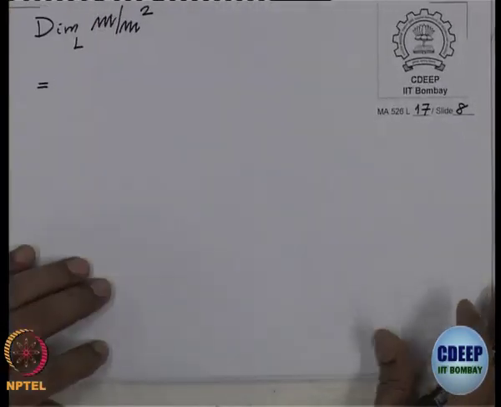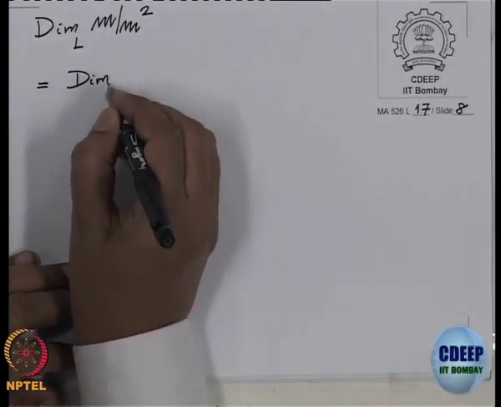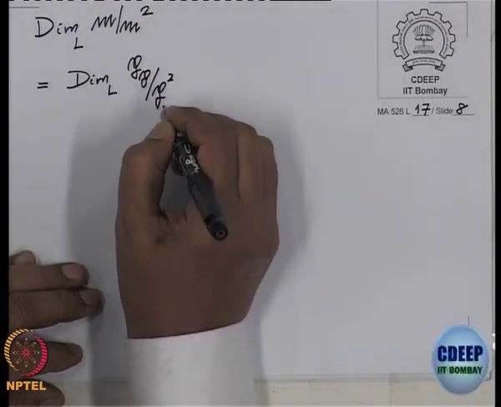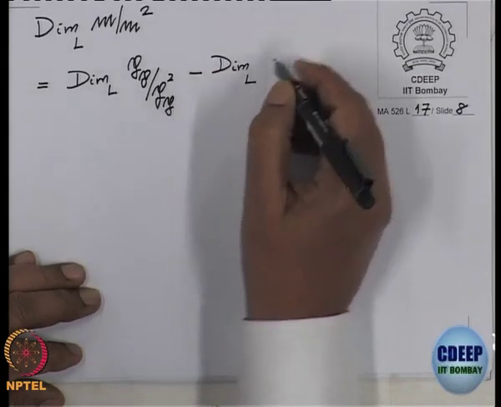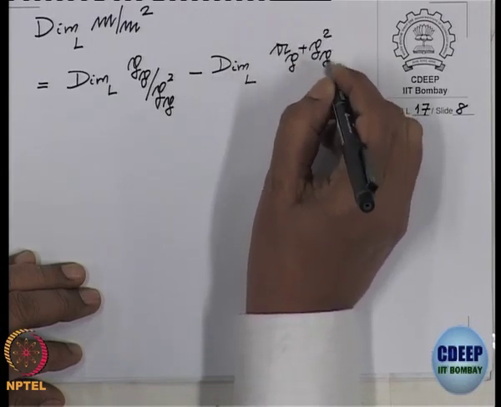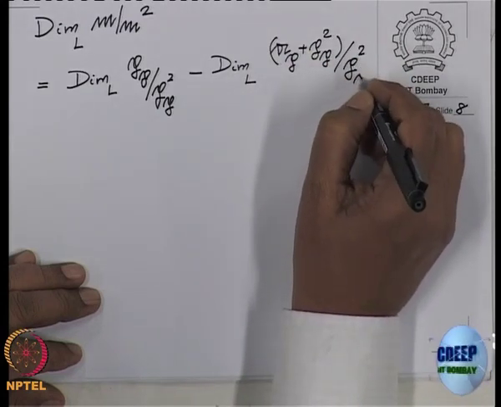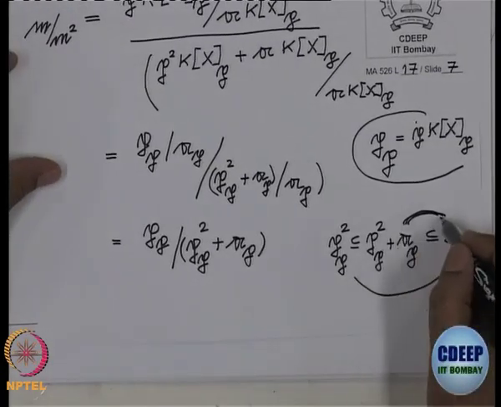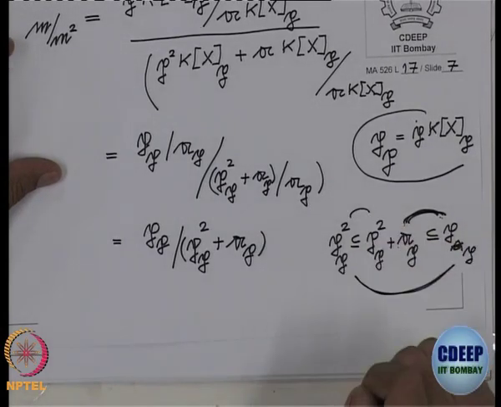I am just writing that it is the dimension of p mod p square p minus the dimension of A localized at P plus P square P mod P square P. I have not done anything great, it is only complicated. See, we are interested in this dimension. So, I have written this dimension equal to this dimension minus this dimension.